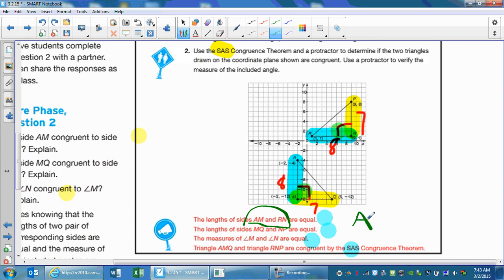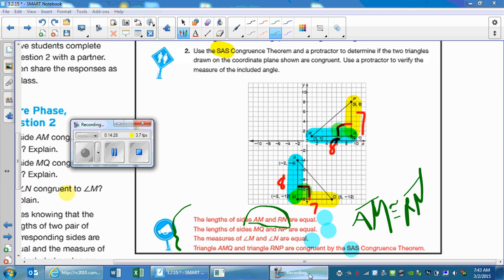We could do AM is equal to or congruent to RN. But let's get this down, and then let's move on to the next page.